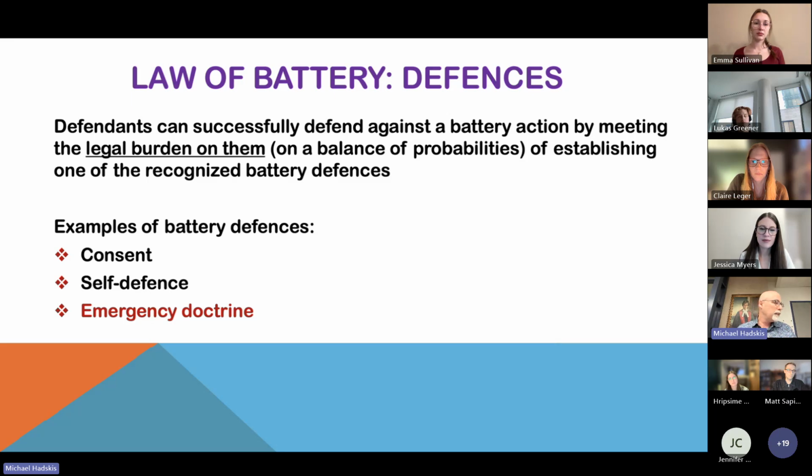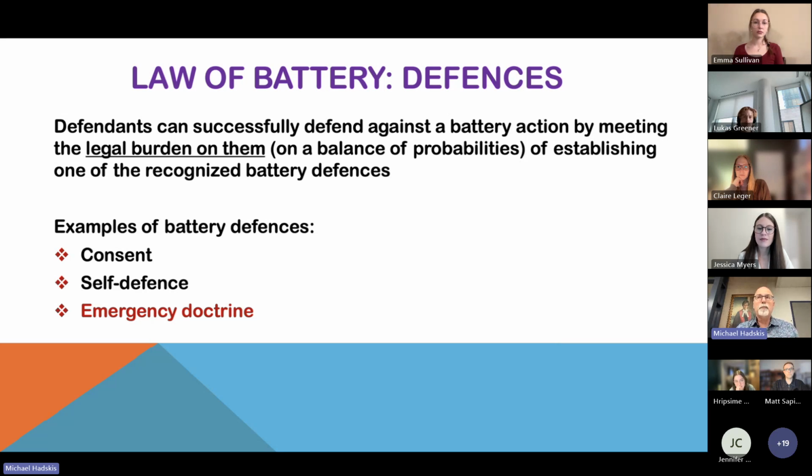And that's not the case. Once she establishes the elements on a balance of probabilities, her work is done, but liability doesn't necessarily follow because defendants have the opportunity to raise a defense.